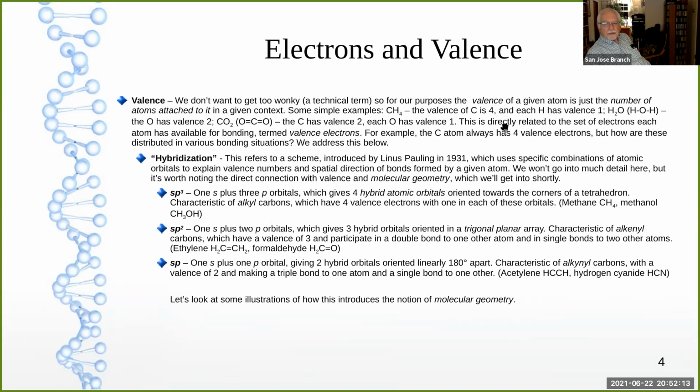So this idea is directly related to the set of electrons that each atom has for bonding, and those are termed valence electrons. Valence electrons means the number of electrons that a given atom has for forming bonds with other atoms.